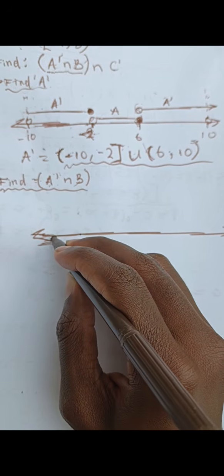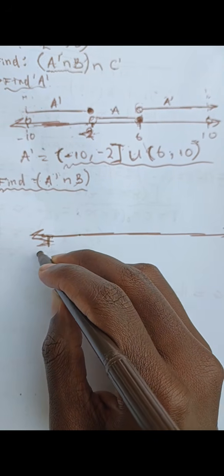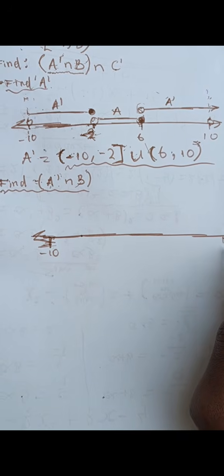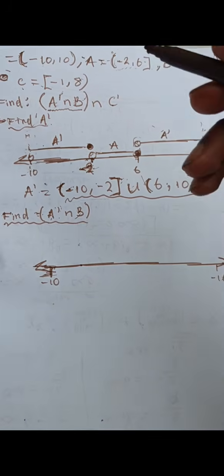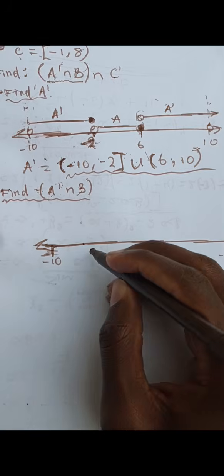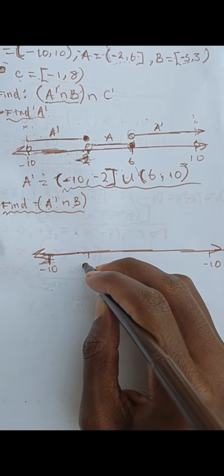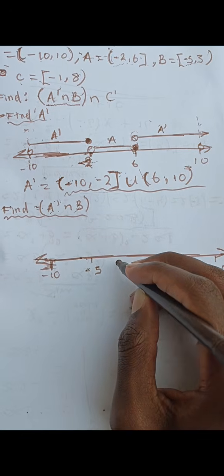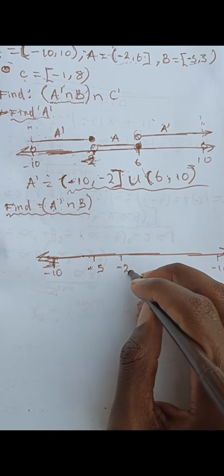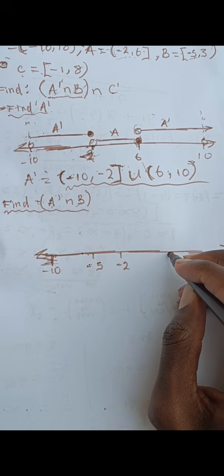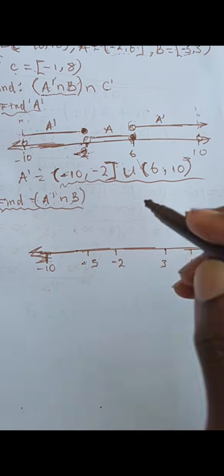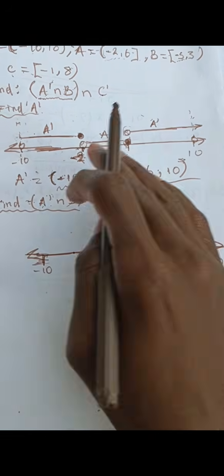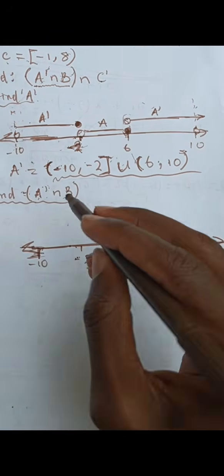So likewise, there's -10, and also take note of the values which are in B. There's -5 and what? And 3. So here I'm going to put -5 because it is there in B, then followed by -2, then 3, it is there in B, then here I'll put 6. Okay, so I'm beginning by putting A complement on the number line.